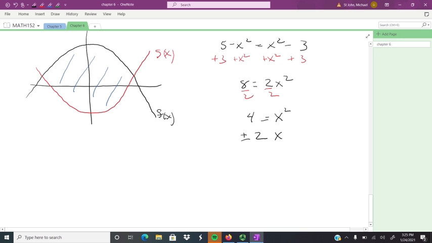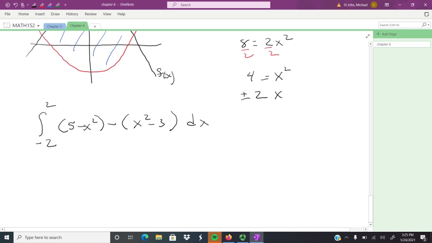So now to do our integration, we're going to find this area. We're going to integrate from minus 2 to positive 2. And then it's sort of the black curve that's keeping the lid on the area. So we're going to put that one first, minus this one. And then we can do the little bit of math part before we actually do our integration.